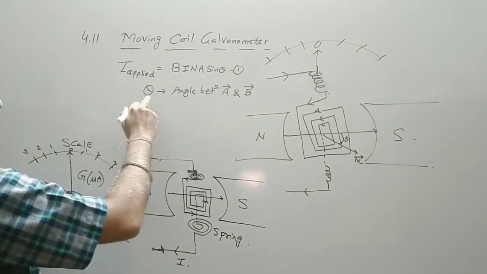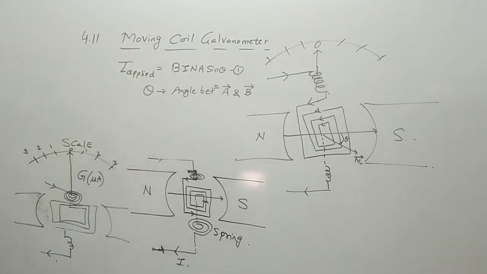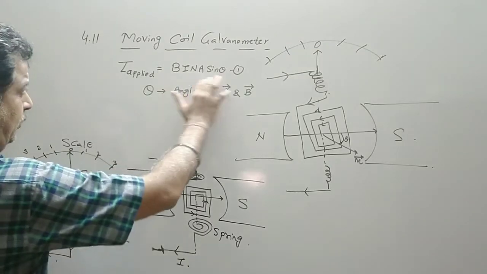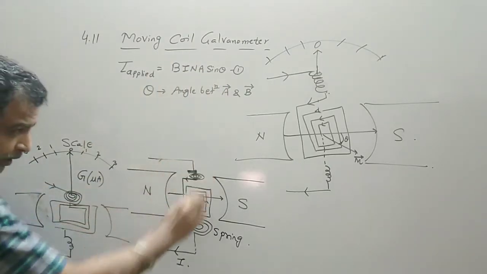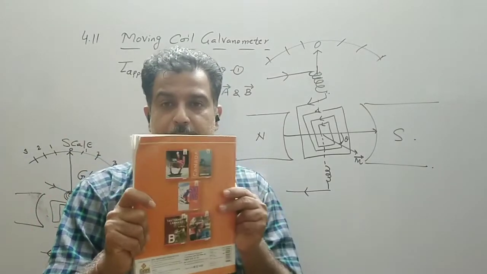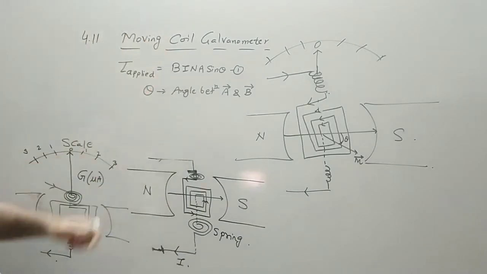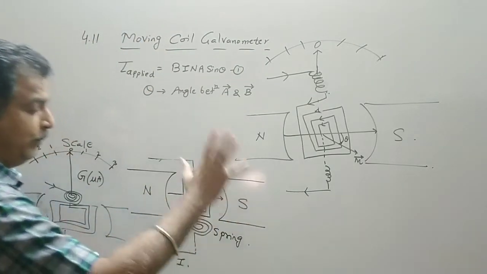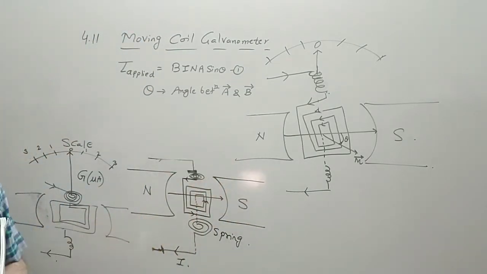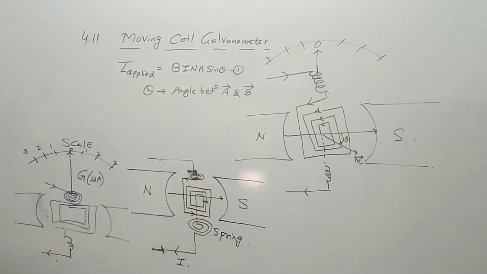So if theta keeps on changing, the torque applied also keeps on changing. So this is the torque applied, meaning when the current is passed, this coil starts deflecting. Now see, this formula was valid when we have taken a uniform magnetic field, not a radial magnetic field. So we will see why we have taken the radial field.